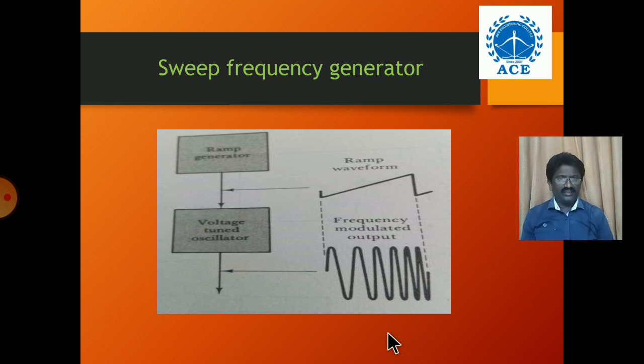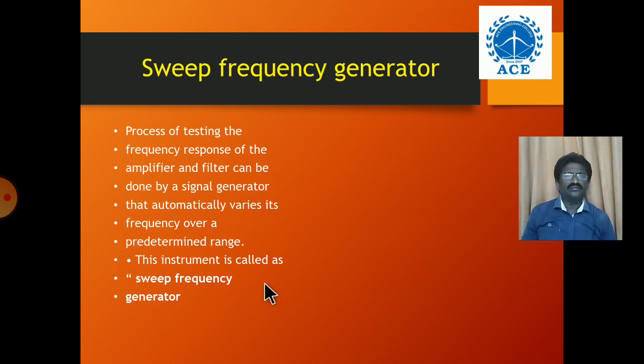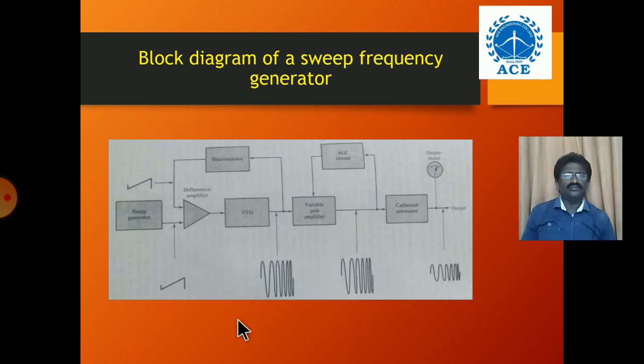Here we have one block diagram for the frequency sweep generator. The first block is the ramp generator and one amplifier, which you can call a differential amplifier.